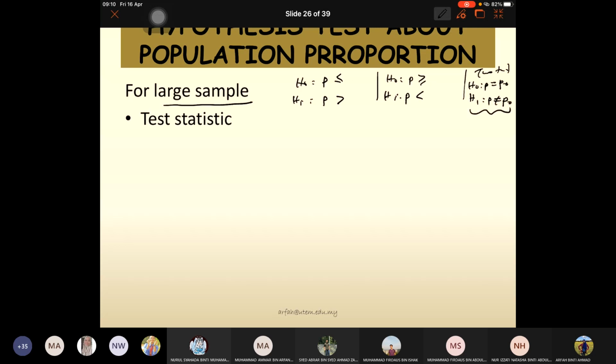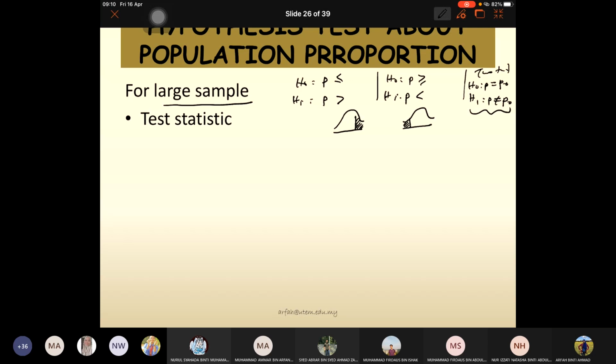Untuk yang two tail dia memang fix sama dengan dan tidak sama dengan. Okay. So yang lagi dua, one tail dia ada dua sign. Dia punya tail is based on H1. So kalau lebih besar, that mean dekat belah sini. Kalau lebih kecil, H1, that mean it will be over here.